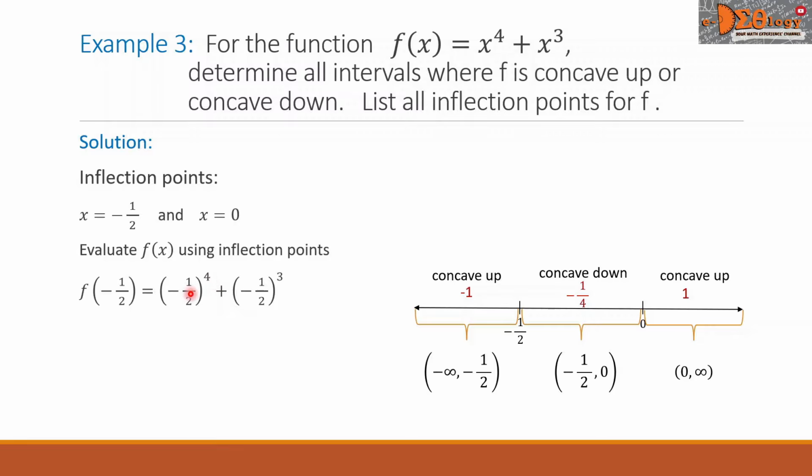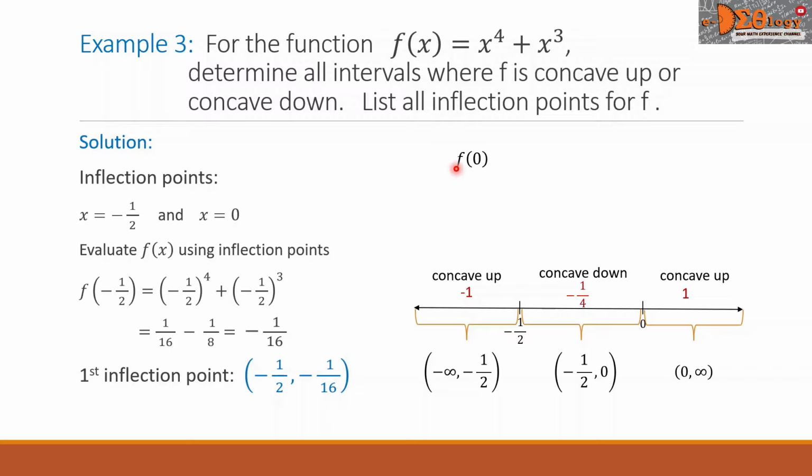Simplifying, the fourth power of negative 1/2 will give positive 1/16, and the third power of negative 1/2 is negative 1/8. The minus sign is here. Then we simplify this into negative 1/16. That means the coordinates for the first inflection point is negative 1/2, comma, negative 1/16.